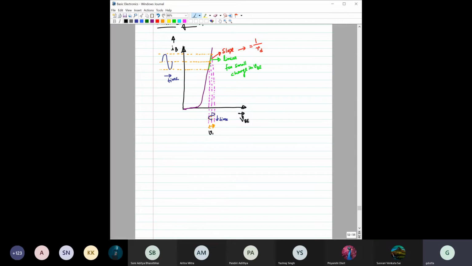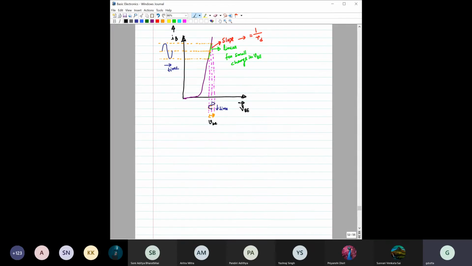small v, small b, small e. So to start with, let us write this IB, and you know what this notation means. It is the total value of the base current, IB. This is equal to IS by beta into exponential of V of BE by VT.